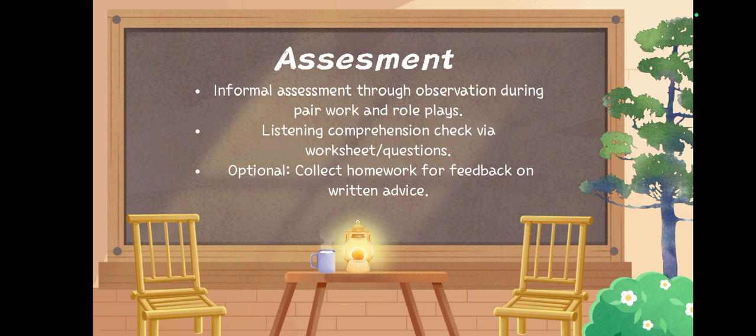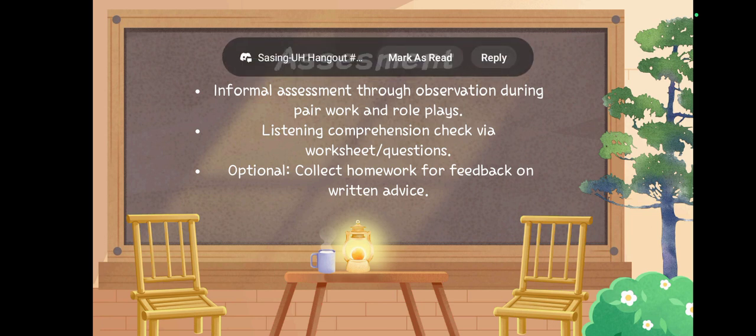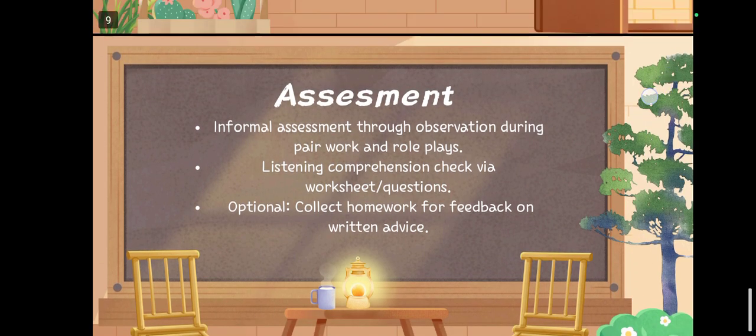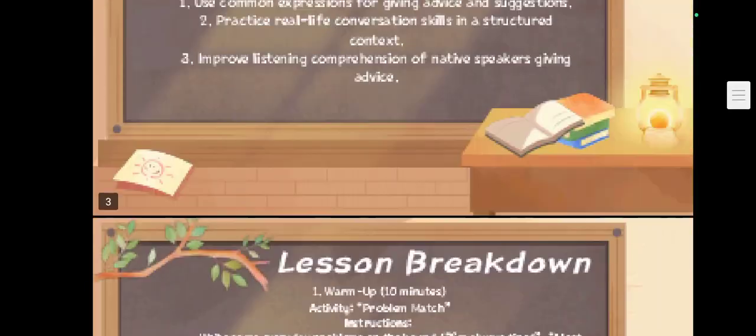I also have the listening comprehension check via worksheet or questions for your assessment. And for the last one, which is optional, it is to collect homework for feedback on written advice. Of course, even despite this being optional, I will still give you feedback for every homework that you do. I think that's all that you need to know about our lesson plan.